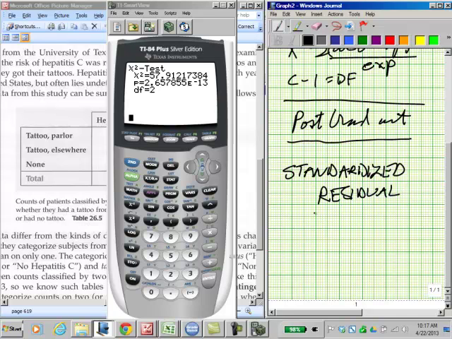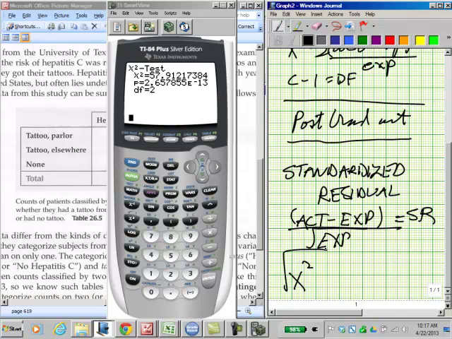So, if you take actual minus expected and divide by the square root of the expected, you will have the standardized residual, call it SR, and that will tell you the statistical meaning of each cell, how much it really contributes to the chi-square statistic. Because this number is the square root of the chi-square.